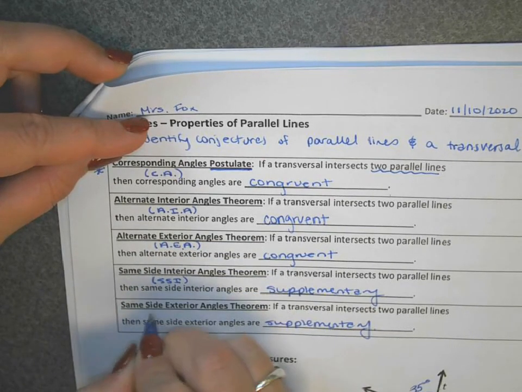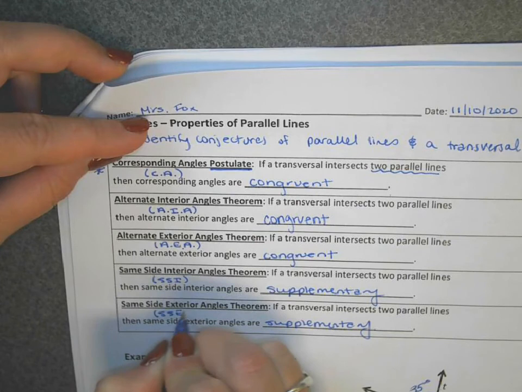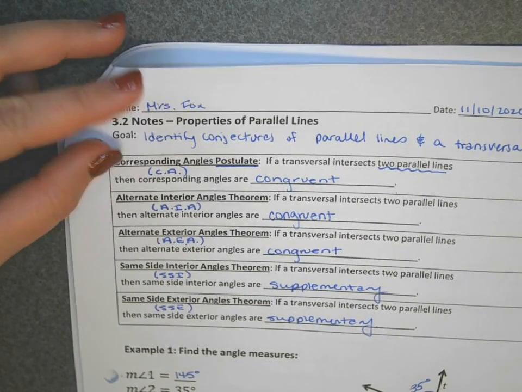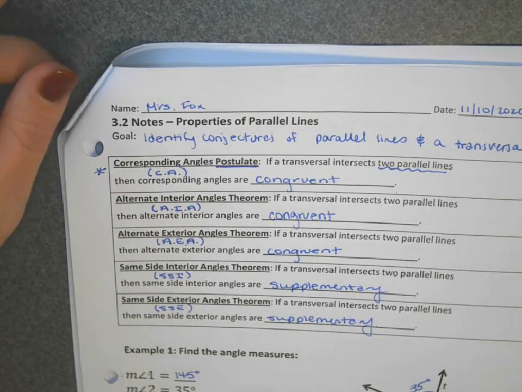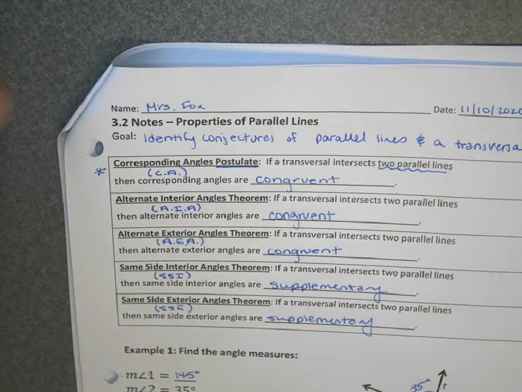Same side exterior angles are SSE. And we'll use those abbreviations instead of having to write out same side exterior every single time. Now, we don't abbreviate when we talk. We don't say the AIA theorem. We'll say the alternate interior angles theorem, but you can abbreviate it when you write it down. Does that make sense? These are approved abbreviations for this class.